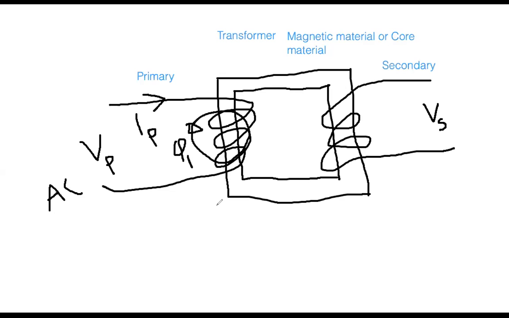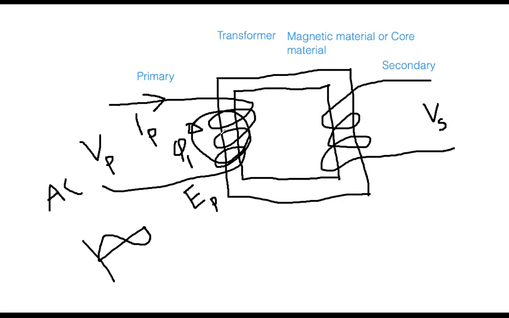And this phi 1 will induce voltage on this coil, which let's designate by the symbol EP, the induced voltage, because of this flux. Because we have applied AC current, that flux is alternating in nature, so the flux is changing.